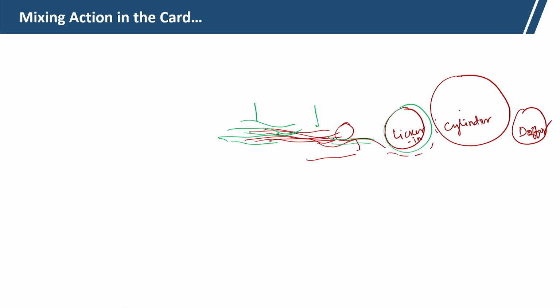Now, it is coming to the cylinder. The cylinder is transferring a few portions to the draw frame, but the red fibers are actually loaded on the cylinder in the form of one layer, a few layers.